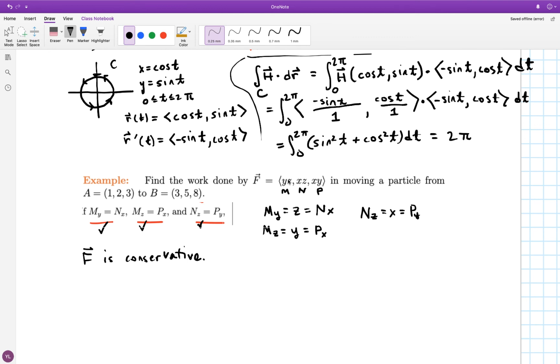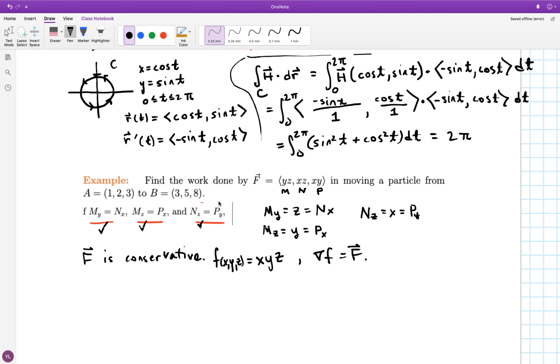But if I look carefully, I see that the expression xyz is something that when differentiated by x, you get this, by y, you get this, and by z, you get that. So sort of just by inspecting the components carefully, I see that this is exactly the 3 variable function I need to get these partial derivatives. So this right here, f(x,y,z) equals xyz, is a potential function for f. So the gradient of f is the vector field.